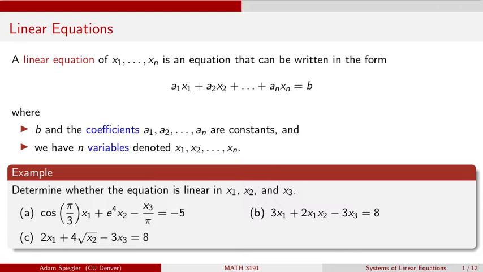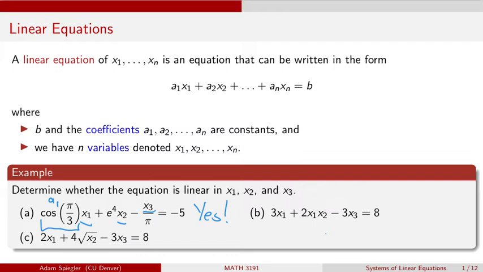Okay, so in part A, we've got the following equation. Cosine of pi over 3 x1 plus e to the fourth times x2 minus x3 over pi is equal to minus 5. So this is definitely a linear equation. Here are our variables, x1, x2, and x3. And here are our coefficients. So in this case, a1 would be the cosine of pi over 3.